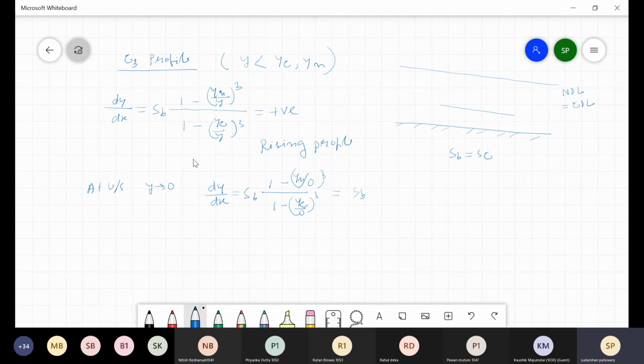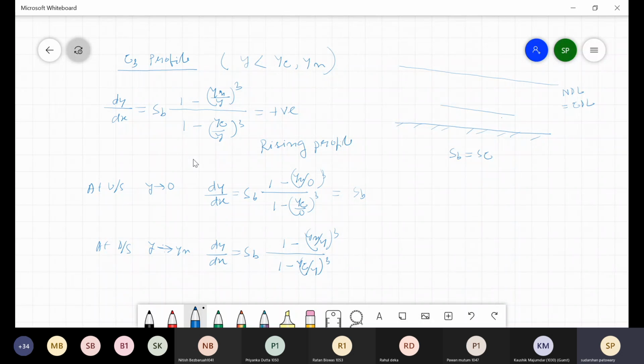Parallel to bed. And at downstream, when y tends to yn, then dy/dx is equal to Sb (1 - yn/y) over (1 - yc/y) whole cube.